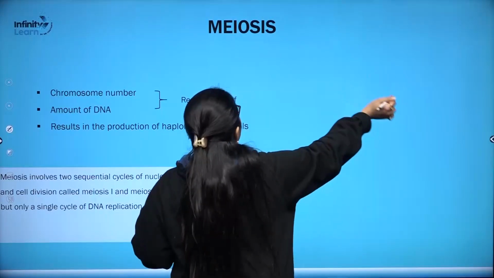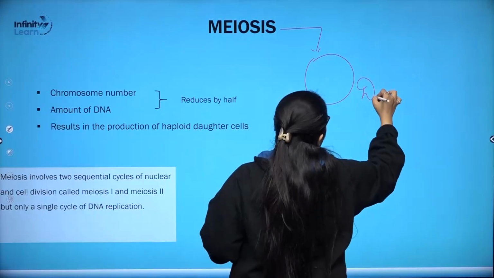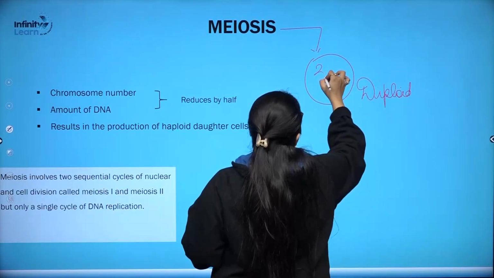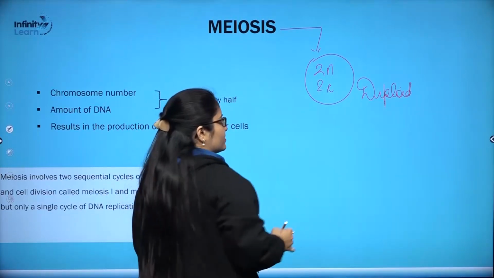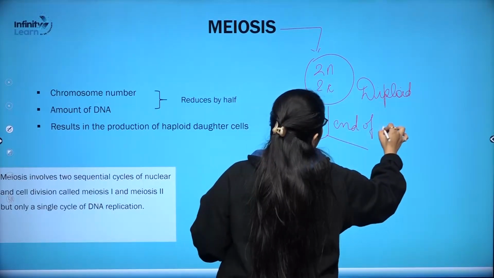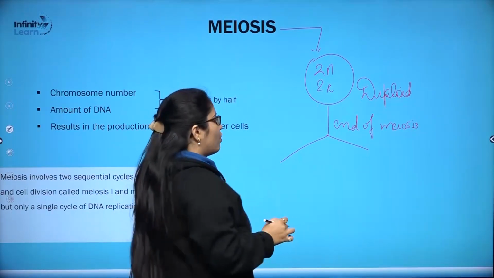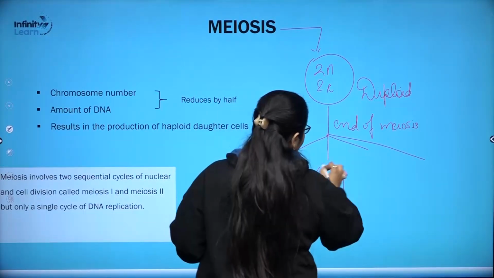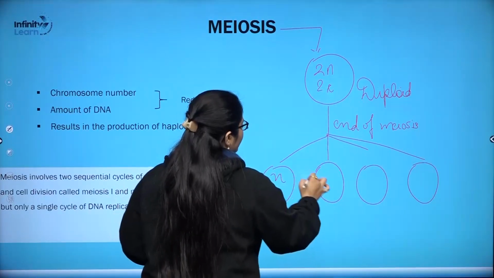For example, if meiosis is taking place in a diploid cell like this, this diploid cell has 2n number of chromosomes and 2c amount of DNA. When this cell undergoes meiosis, at the end there will be formation of 4 haploid cells, and each haploid cell will have n number of chromosomes and c amount of DNA.